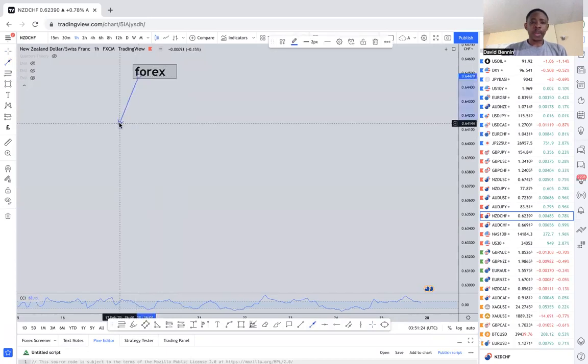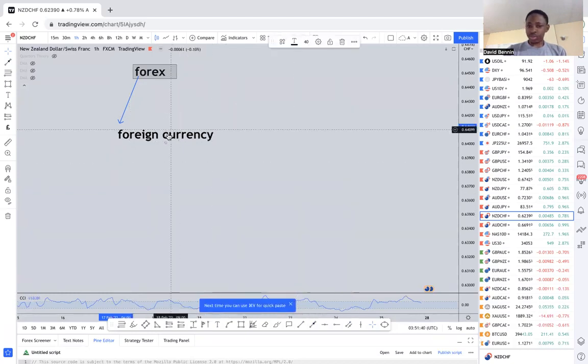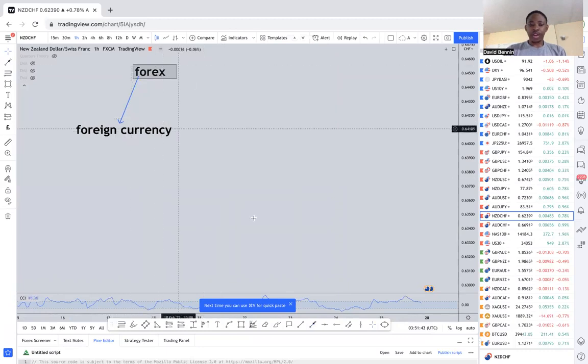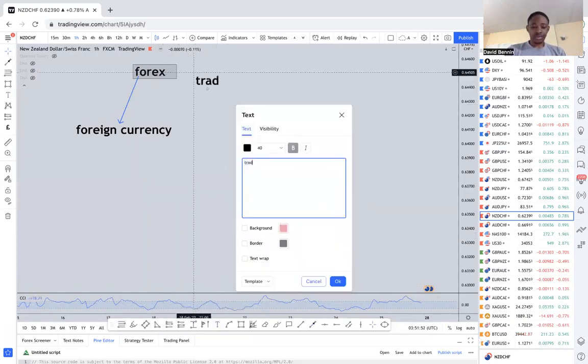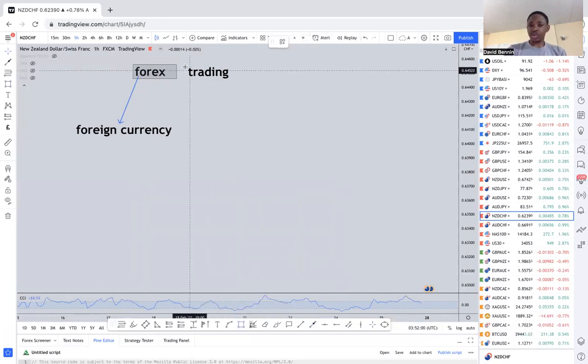So what is Forex? Forex comes from foreign currency. Forex stands for foreign currency. So when we say Forex trading, trading means exchange. If you say you are into trading, it means you're exchanging goods for money, or you're exchanging goods for goods, or whatever the exchange you are doing.